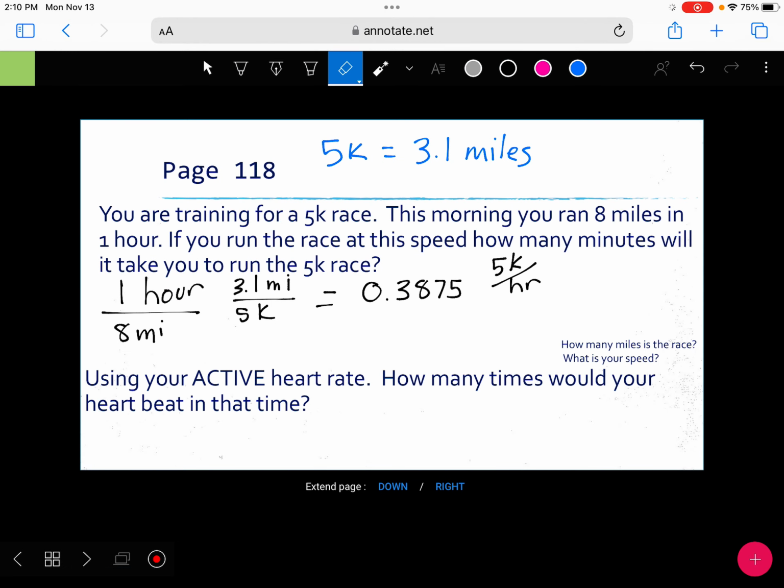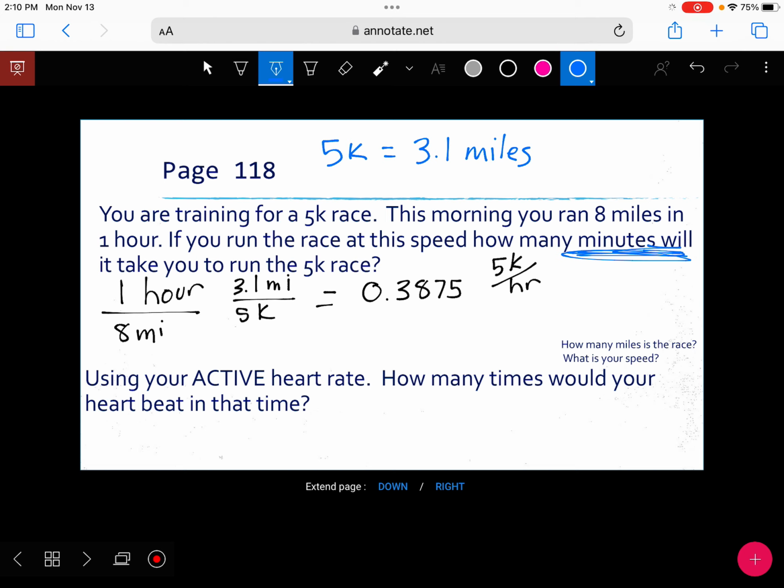Okay, I'm going to put up mine, the way that I did it. I took my rate, my speed that I ran 8 miles in 1 hour, and since I know I'm looking for time, I put the hours on top. So I did 1 hour in 8 miles. Since I want to know how long, how many minutes, I want to know time.